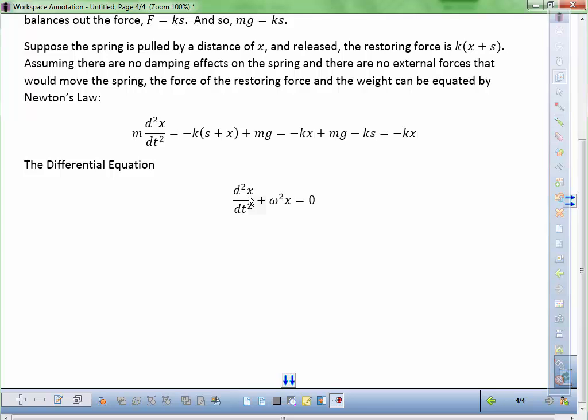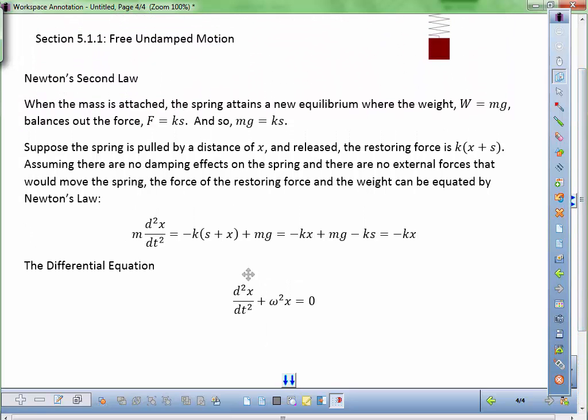Your differential equation should not involve your first derivative, and so the force is just going to be explained by the actual motion itself. And so we have a differential equation that has a second derivative in the original motion, x, without the x prime.